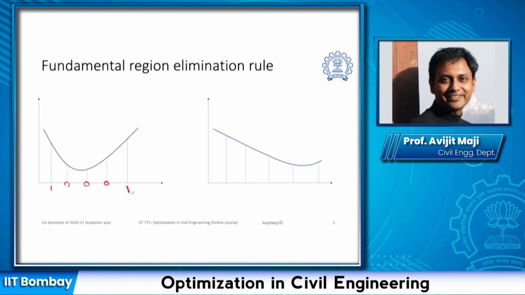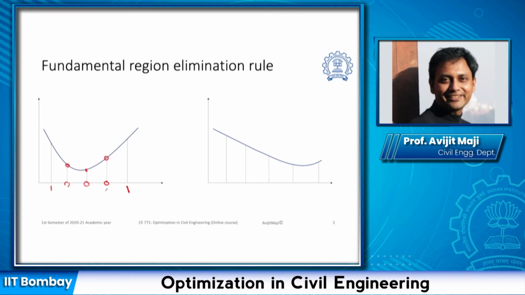Within this, if we try to see the function values could be of this nature. On either side of the middle point, the function values are higher, whereas at the middle point it is comparatively lower compared to the two bracketing points on either side of the middle point.